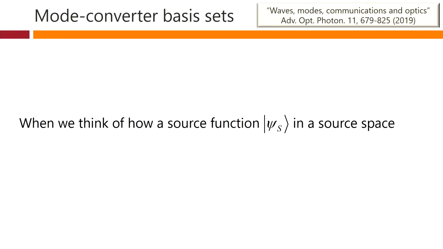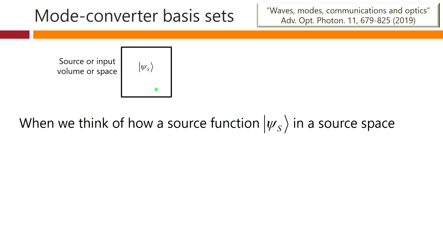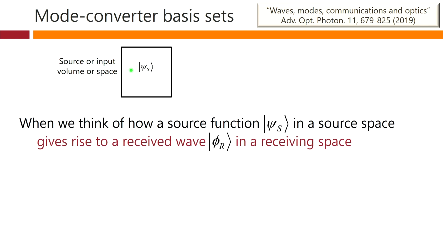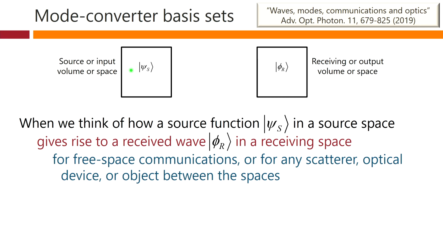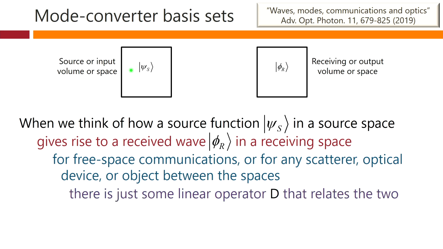When we think of how some source function, which we'll write here in Dirac notation, psi s, in some source space, so as we see here, some hypothetical source function, for example some currents inside some source volume, gives rise to a received wave, which we'll call phi r, in a receiving space. For free space communications, or for any scatterer, optical device, or object between the spaces, there is just some linear operator, d, that relates the two.